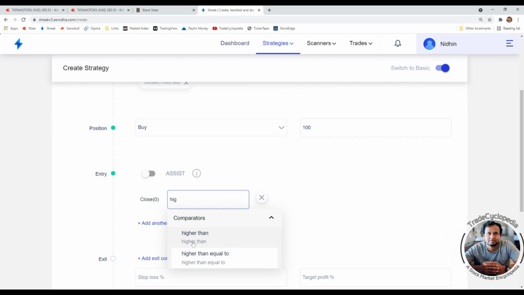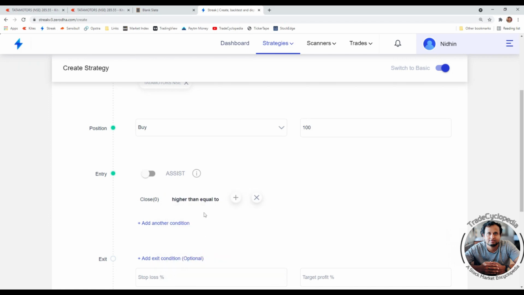We have a comparator. I need to put higher than, or I can put higher than or equal to as well. Both are simple. If I'm selecting higher than or equal to, I just need to click on plus once again, then I need to type number. Number means price, and I can put a number there, and I just need to edit that one and put 300.